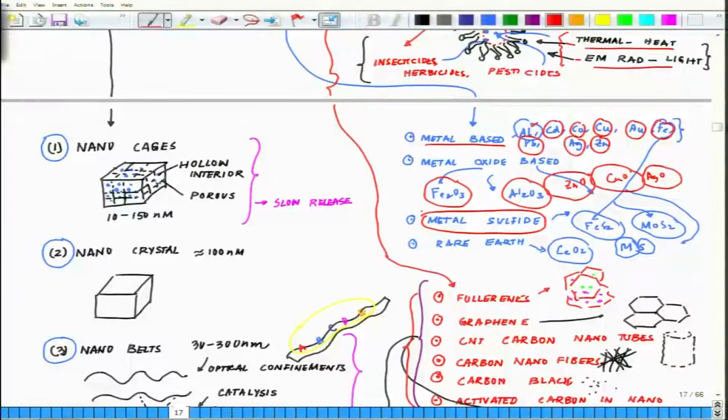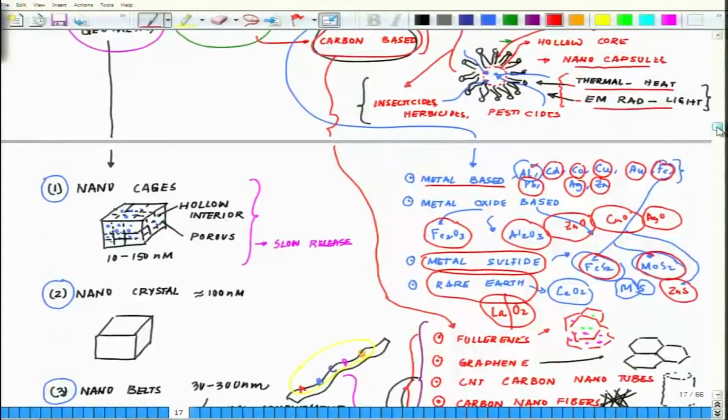We'll talk about them in terms of iron pyrite, FeS2, molybdenum sulfide, and any other metal sulfide, zinc sulfide likewise, ZnS. Then we will be talking about the rare earth oxides like cerium oxide, mostly the lanthanide series.